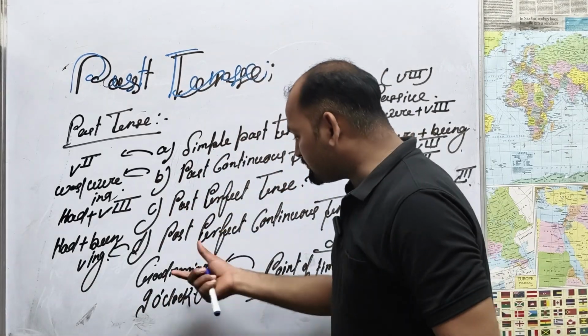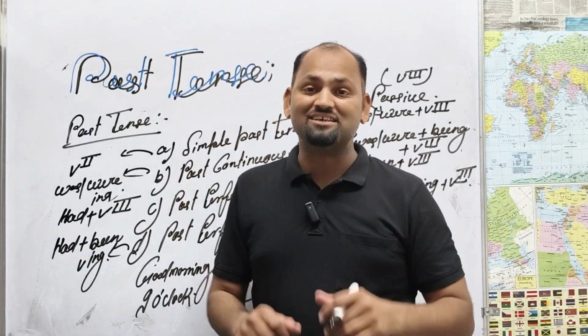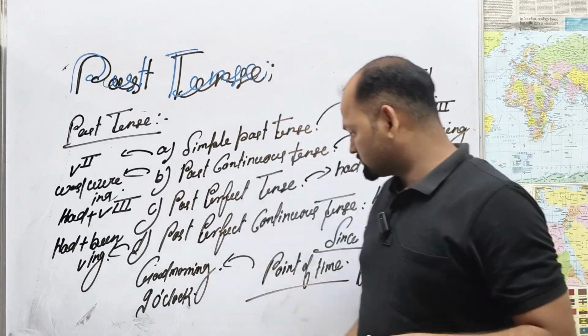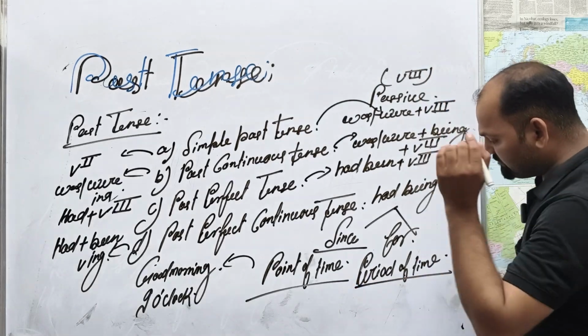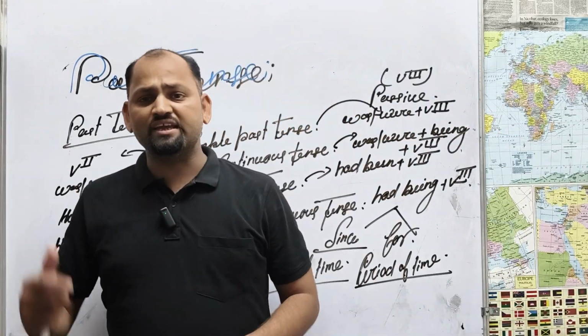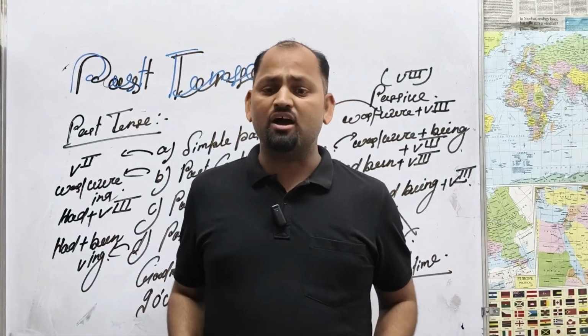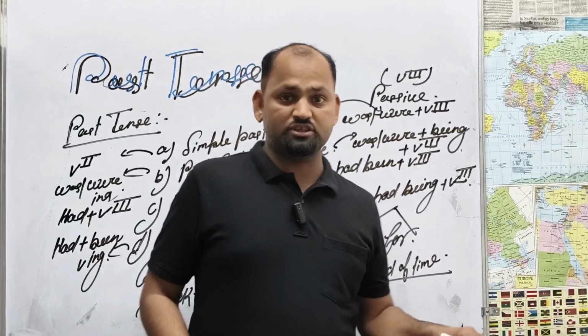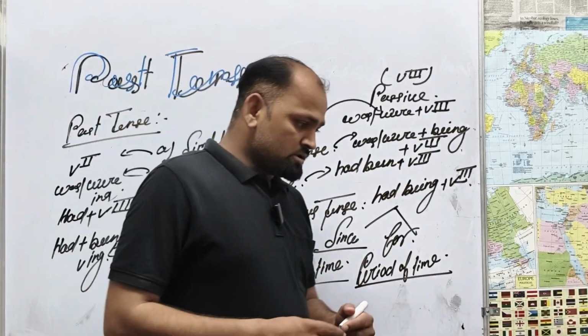These are all points of exact and accurate time, neither high nor low. But for a period of time, like 2 hours, 3 hours, 1 week, 1 year, 2 years, 3 years, 4 years and so many, we have to use for.